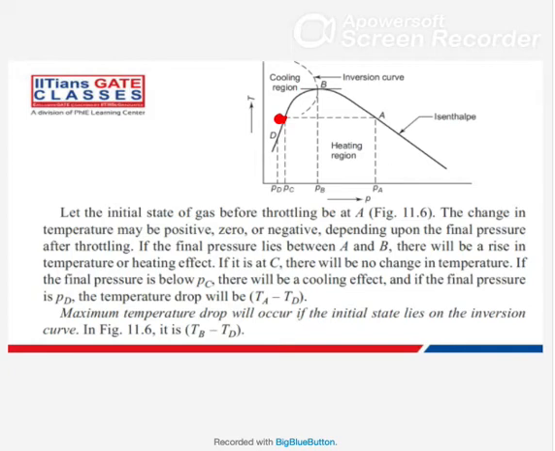But it's not like this is putting any constraint that the initial temperature should lie here only. No, it can be here. If it is here, then you will have to do very little expansion to reach state point D. That's all. But here you are sure that the temperature will drop.